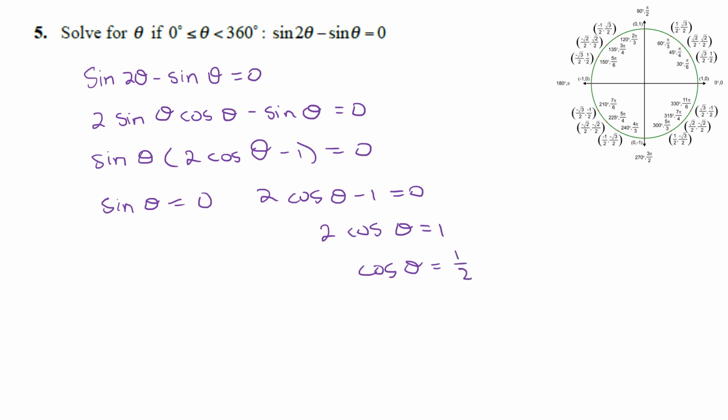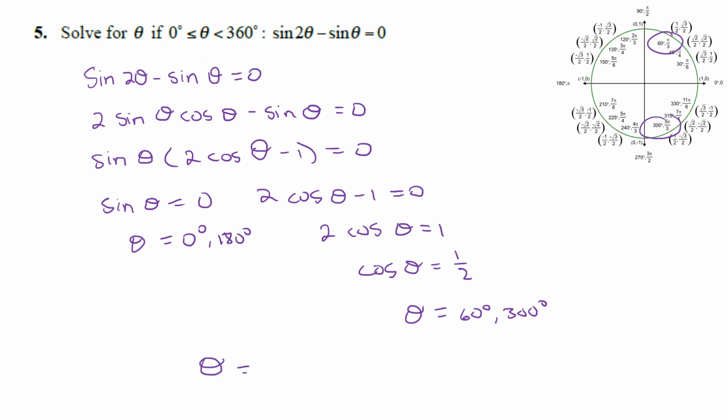Well, I know theta will be 0 degrees and 180 degrees for when sine is 0. And then where cosine is 1/2, we did this on the problem before, where we got pi over 3 and 5 pi over 3, which in degrees will be 60 degrees and 300 degrees.